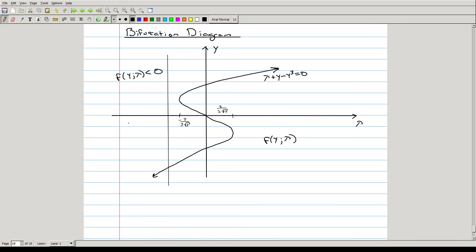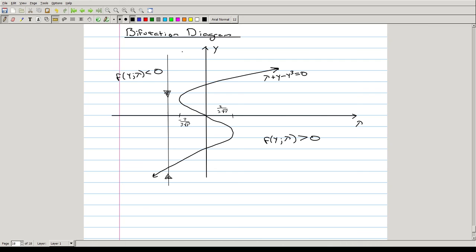So when lambda is less than negative 2 over 3 root 3, you have one stable critical value. The function's decreasing here, and it's increasing here, because in this region f is positive, and in this region f is negative. It's positive here and negative here.